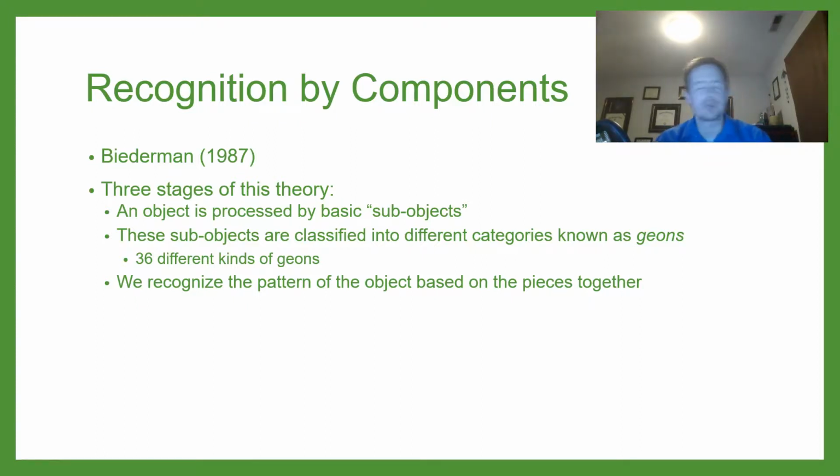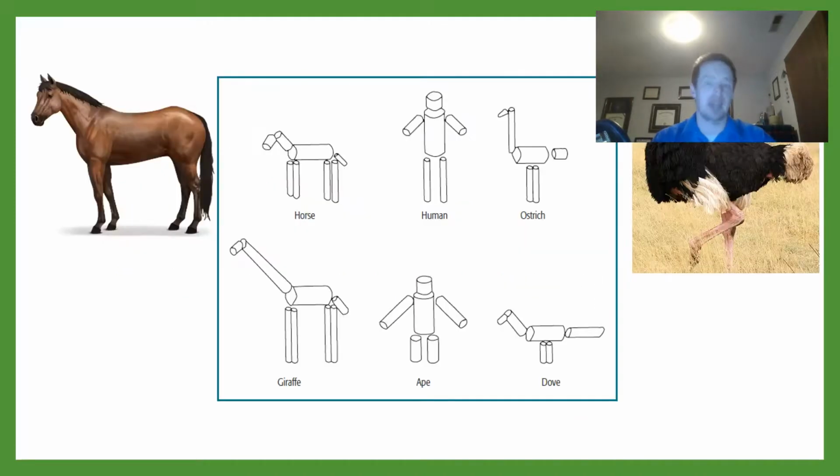I'm struggling for the right word. I apologize for that. But we're looking for the way that these objects are related to one another, whether they're close to one another, how long they are, how thick they are, because that can tell us exactly what we're looking at. So we're looking at what kind of patterns they have together. So what does that mean?